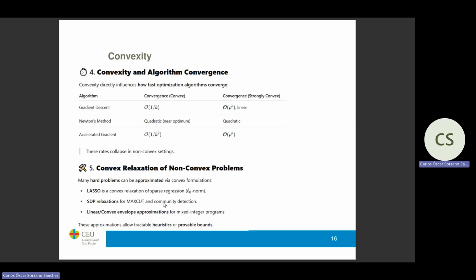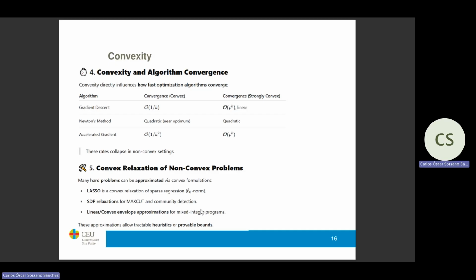So the max cut problem or the min cut problem, which is equivalent, is: I will try to separate these two communities that are very weakly connected. That problem is combinatorial, but then you can relax it to something that is convex.